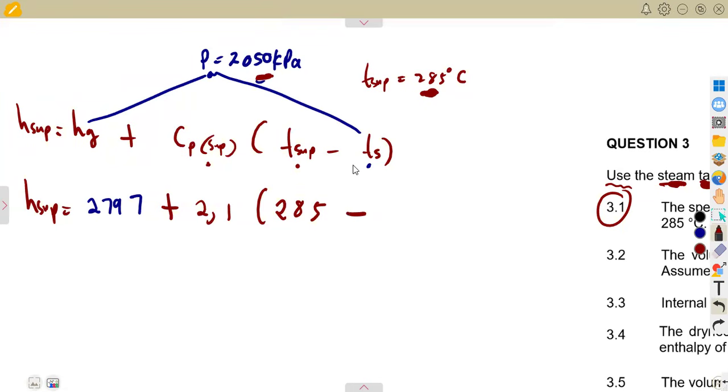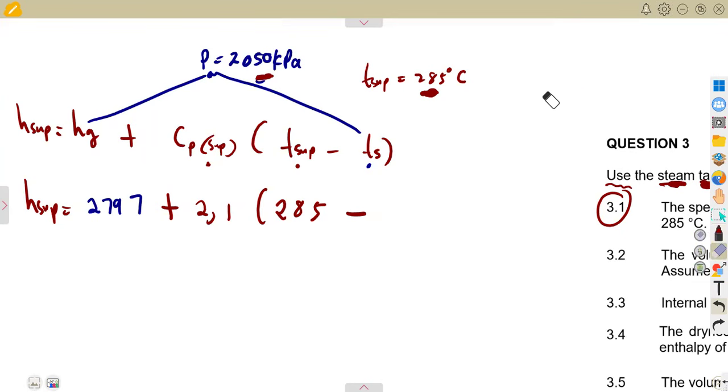But this one is for the saturation. It's for water. When it is water, the saturation temperature is like the temperature for water. We are subtracting. Remember, it starts from the economizer, then we move from the economizer to the evaporator to the superheater. So Ts is the saturation temperature at the economizer.